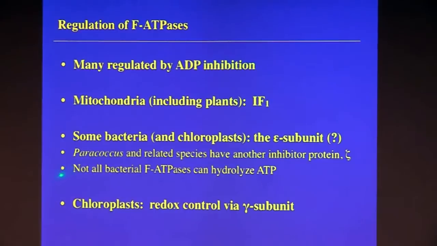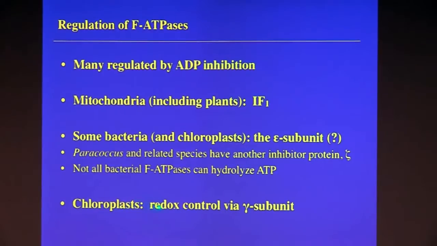Another very important point is that although the mitochondrial enzyme can operate in either direction, to make ATP or to hydrolyze it until it's inhibited by this protein, not all bacterial ATPases can actually hydrolyze ATP. So you find when you isolate them, they are latent. And the mechanism of latency inhibition is not understood.